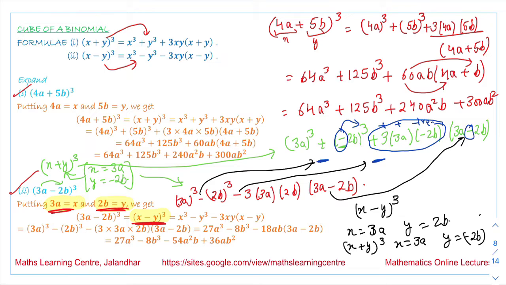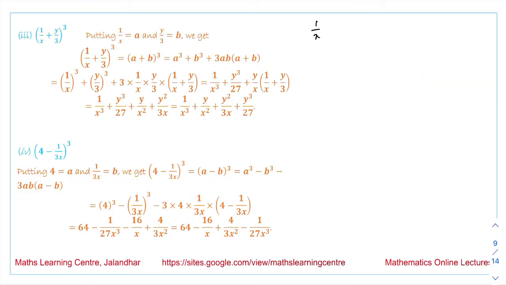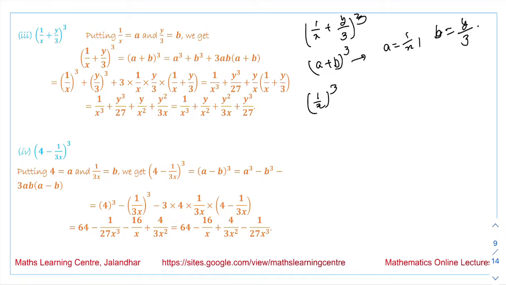Now similarly in the next question, we have (1/x + y/3) whole cube. So it is (a + b) whole cube. In place of a we have 1 over x, and for b we have y over 3. When you substitute in the formula, it is (1/x) cube plus (y/3) cube plus 3 times 1/x into y/3 into (1/x + y/3).